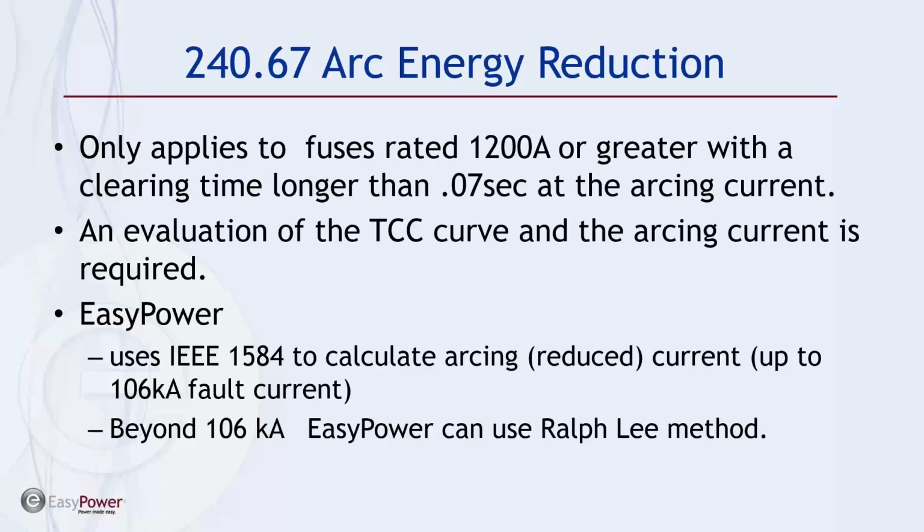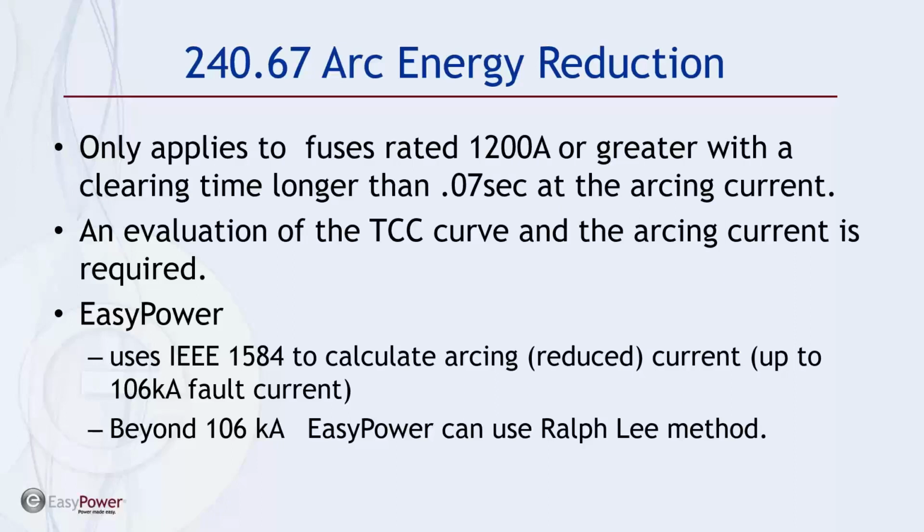The methodology that EasyPower uses to calculate the arcing current is detailed in IEEE 1584, and part of that standard is determining both an arcing current based on the bolted fault current and a reduced arcing current based upon correction factors particular to that installation.